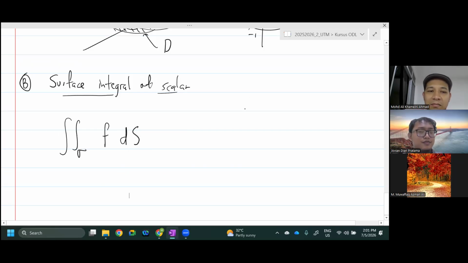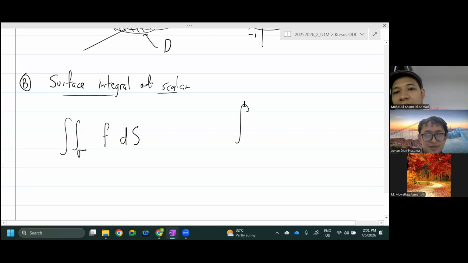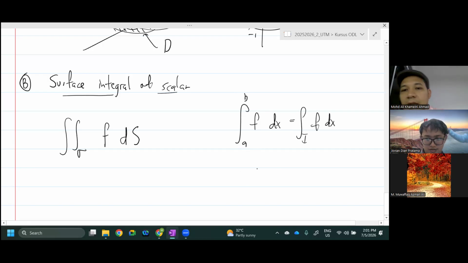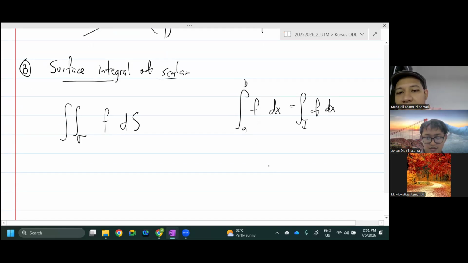So I think you already have a strong background, right? If you recall, you have the single integral of f dx over the interval ab. This is just a one-dimensional object AB here, right? And then you learned also about the double integral.